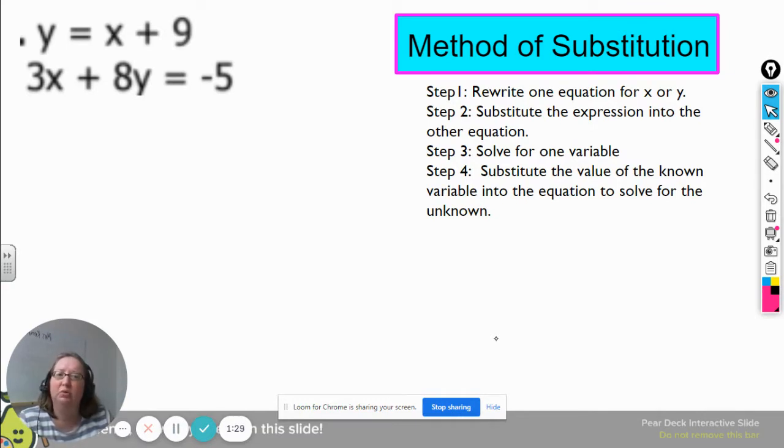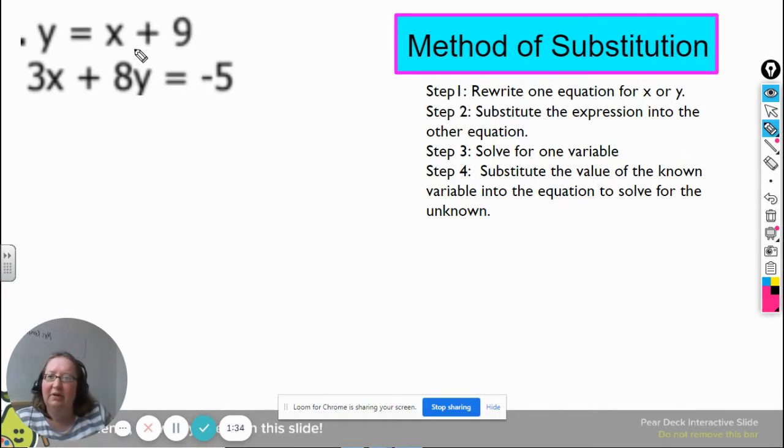So now we are going to substitute the expression, okay? This is the expression that is equivalent to y. We're going to substitute it into the other equation. Where? Where are we going to put it? Well, if y is equal to this, then we're going to put this in for y right there. Okay, so what do I mean by that?